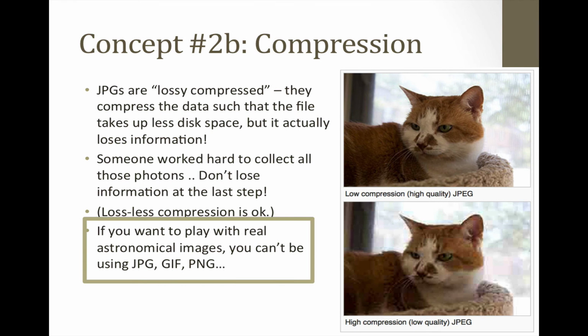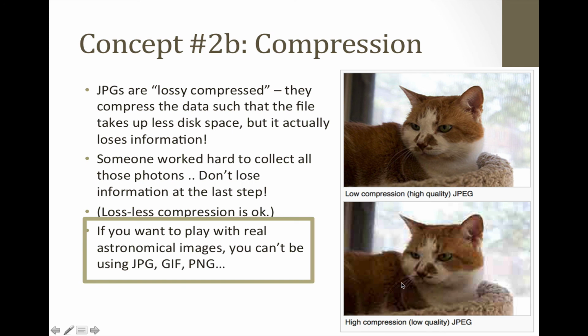Now, JPEGs in particular are pretty sticky. They are something called lossy compressed. They compress the data, and the file takes up way less disk space, but it loses information. That's what lossy means in lossy compressed. So you can see an example here on the right that I actually took from Wikipedia. There's a low compression JPEG here where you can see even the hair on the edge of the cat's head.